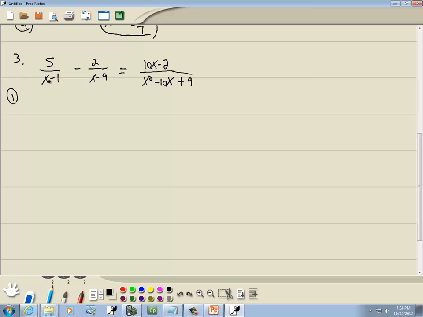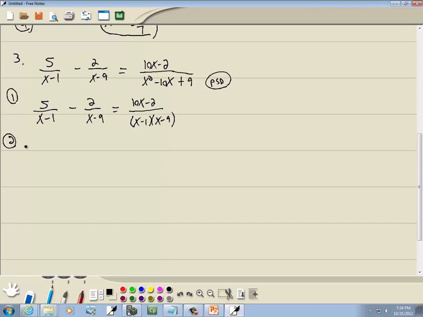X minus 1 we can't do anything with. X minus 9 we can't do anything with. X squared minus 10x plus 9, that's the PSD method. So this becomes 5 over x minus 1 minus 2 over x minus 9 equals 10x minus 2 over x minus 1 times x minus 9.